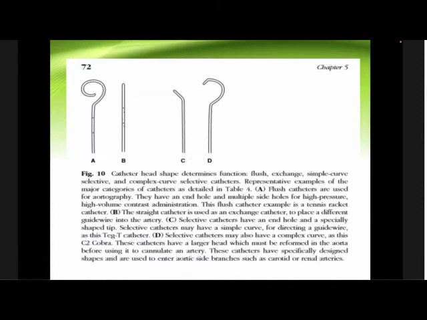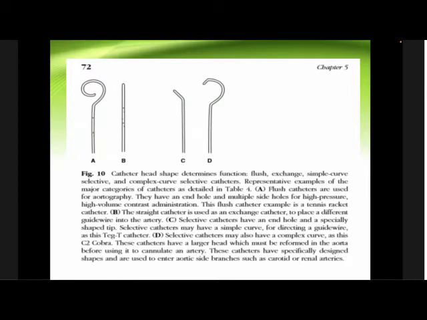Based on the head shape, the various catheters can be divided and their function determined. The first one is a pigtail catheter, used as a flush catheter in aortography. The second is a straight catheter, used in exchange maneuvers to allow a different guide wire to be placed.